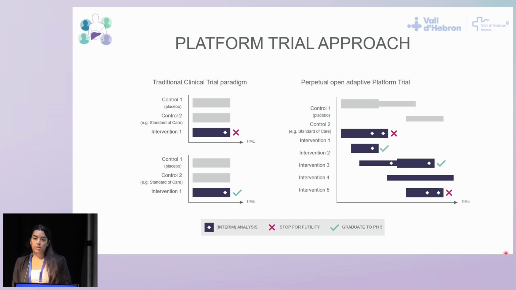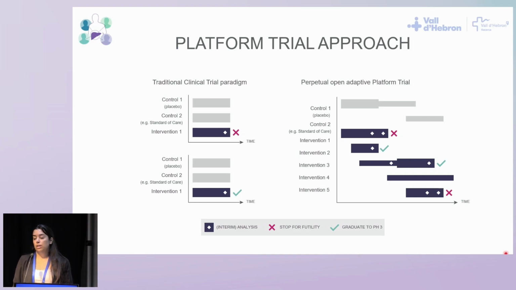It is also interesting for drug owners because platform trials can reduce the cost and the time compared to the classical ones. Moreover, there are interim analyses all along the platform trial that decide if a drug is effective or not. If the drug is effective, it becomes the new standard of care of the platform trial.